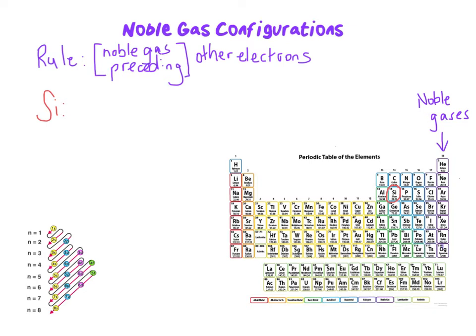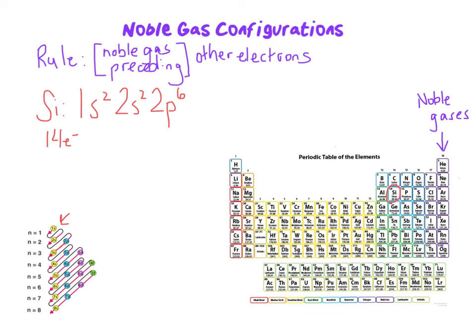So we start at 1s right over here. And like I said, I have 14 electrons that I need to configure. So 1s will hold 2 of those electrons, 2s will hold 2, 2p will hold 6. So far I've got 10 electrons. 2 plus 2 plus 6 is 10. So I have 4 more.